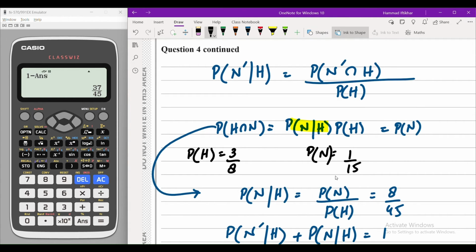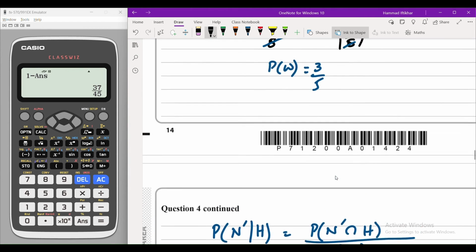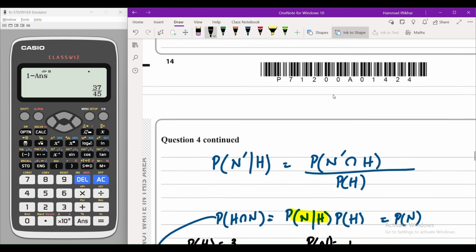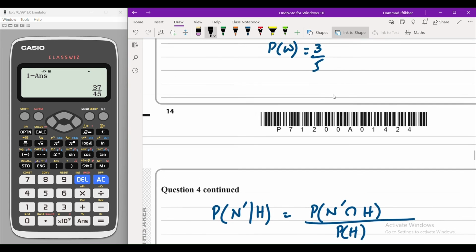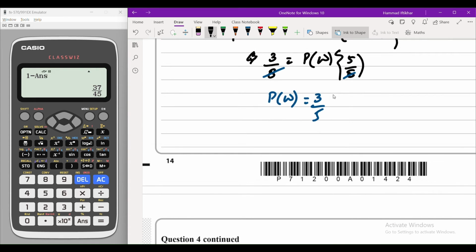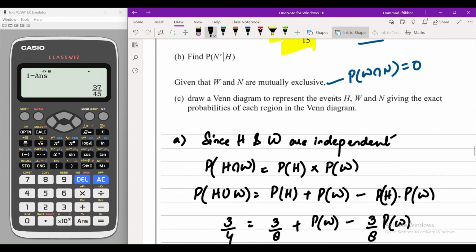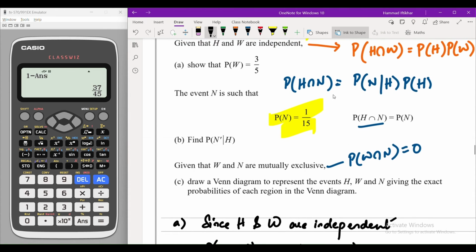We also know one more thing: the probability of H intersection N is equal to probability of N. So the intersection between H and N is N itself.